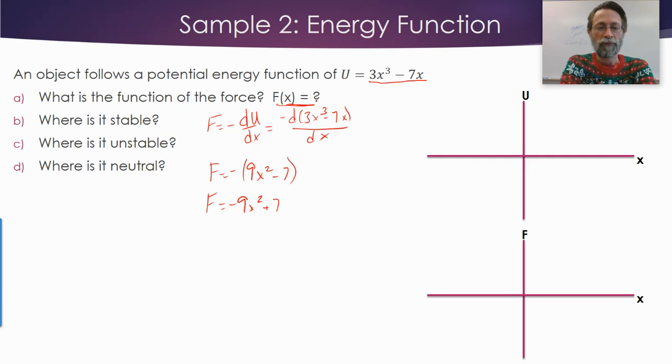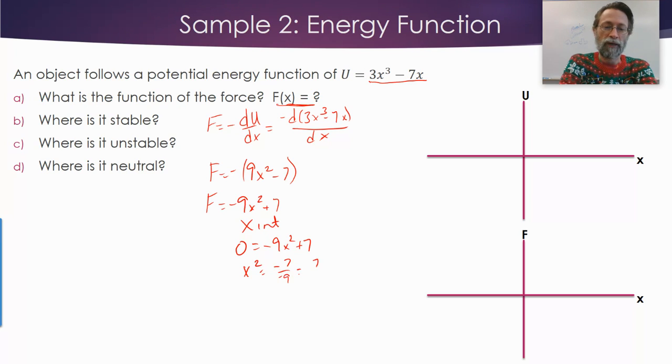So when I look at my force function, I can find two different things. I'm going to know that my x-intercept is whenever I make my function equal to 0 and solve for x: negative 9x squared plus 7. Then solving for x, I get x squared is equal to negative 7 over negative 9.